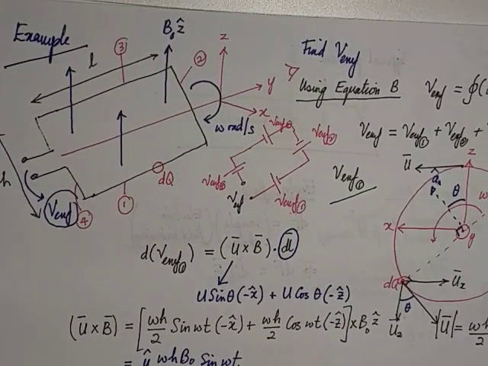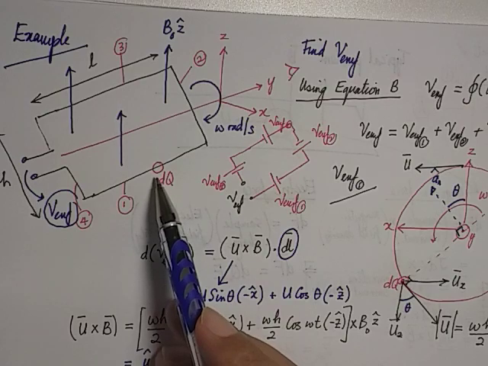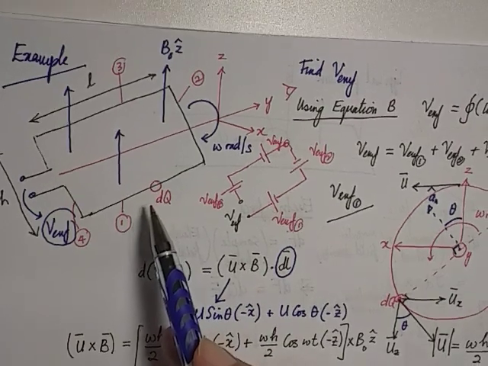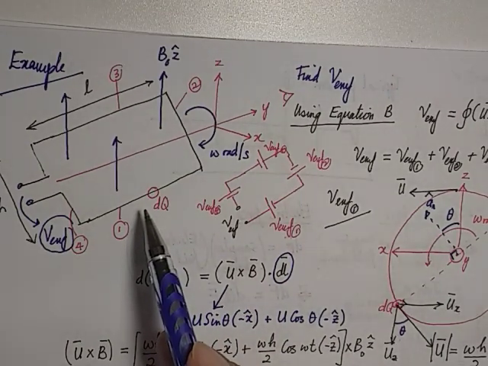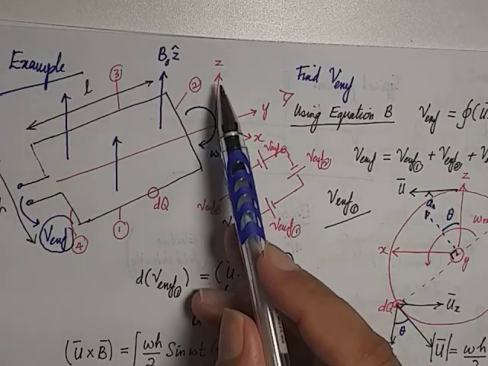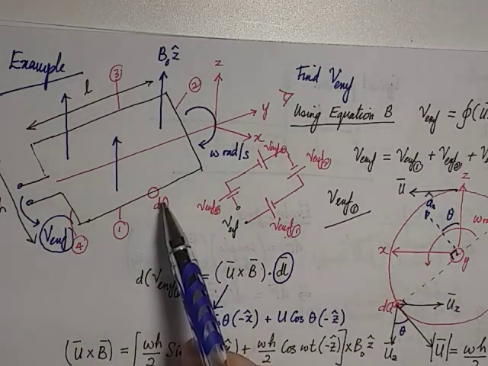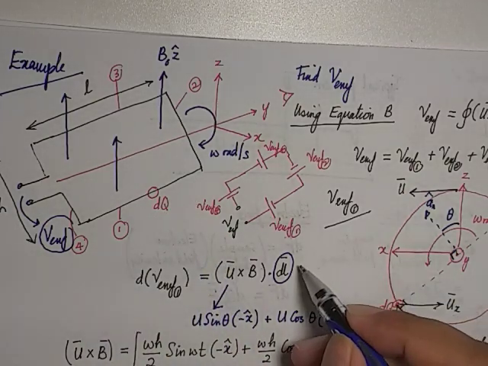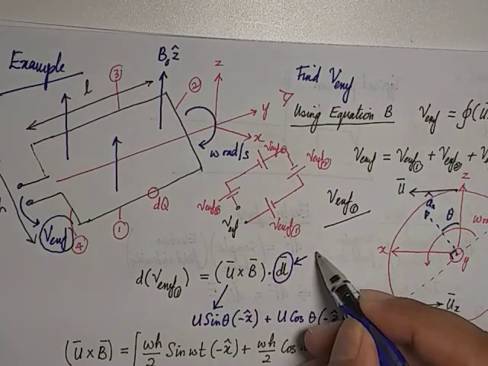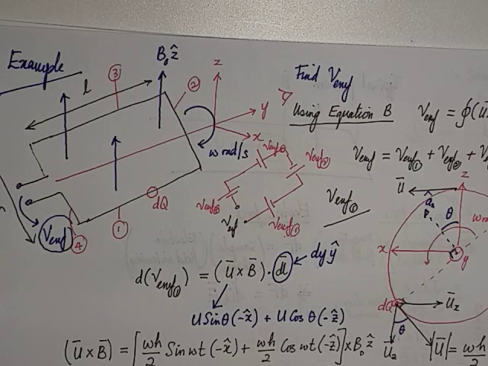Let's observe dl here. So dl here is parallel to which axis that we can refer to? We have the y-axis, x-axis, z-axis. So side number 1 is parallel to which axis? Yes. So mathematically this should be dy in the y direction, because side number 1 is parallel to the y-axis.